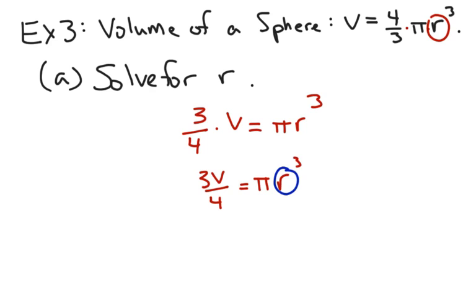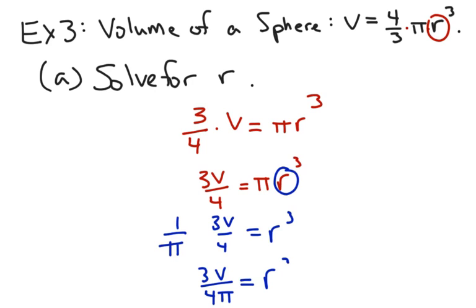We're going to wait till the very end to get rid of that cube. We have to do that because it's attached to the r, which is what we're solving for. So to get rid of pi, you would divide the other side by pi. Dividing by pi is the same as multiplying the other side by its reciprocal. Well, what's its reciprocal? 1/pi. So now we have 3V/4pi equals r cubed.